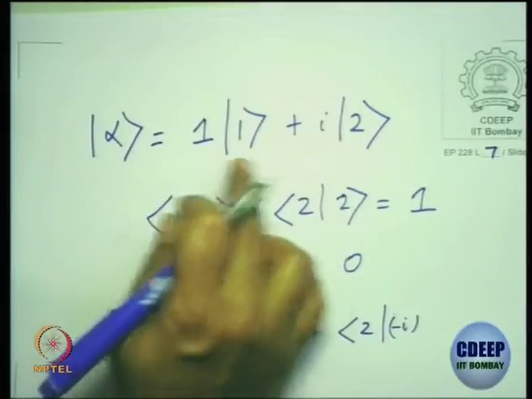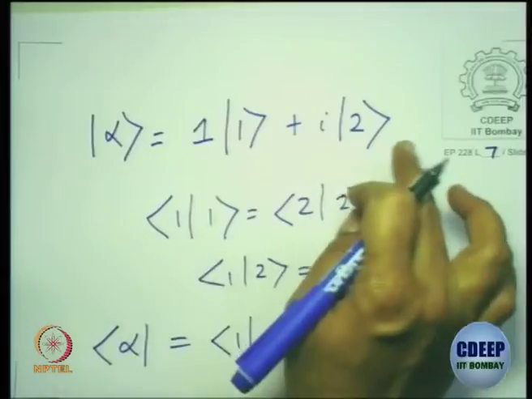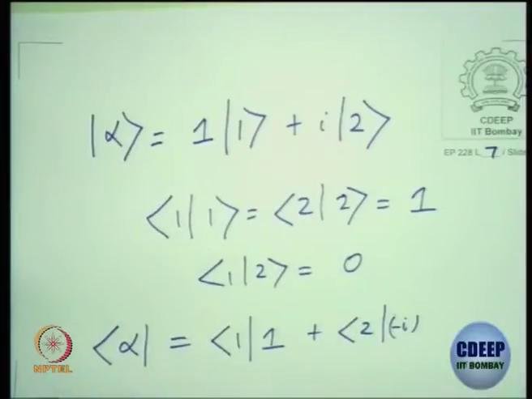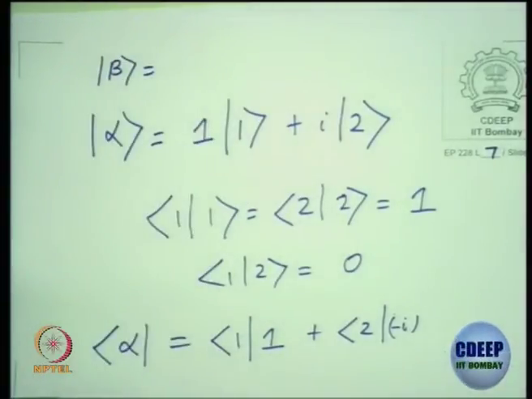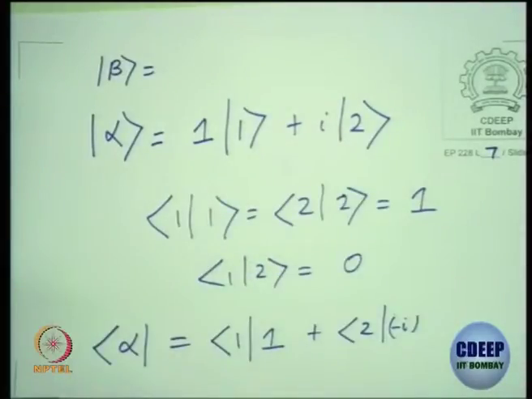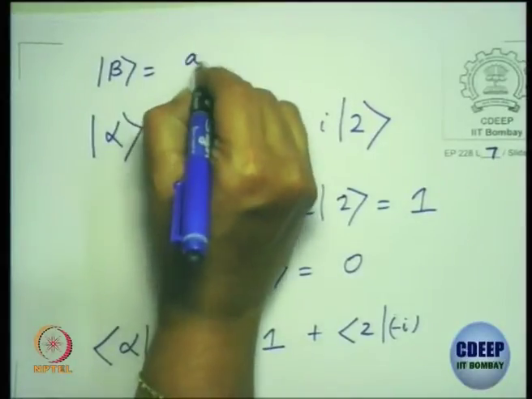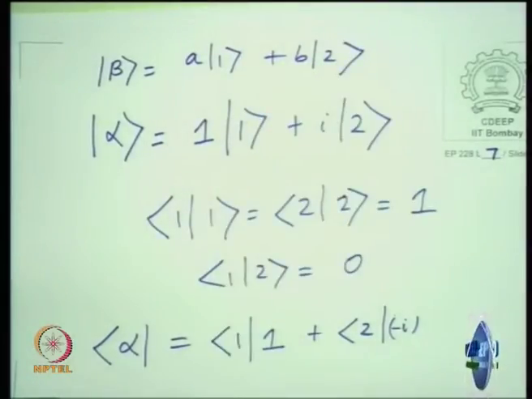So the span set should definitely include the ket |1> and the ket |2>. But an arbitrary beta, if I want to write, it still involves |1> and |2>, could be some a times |1> plus b times |2>.